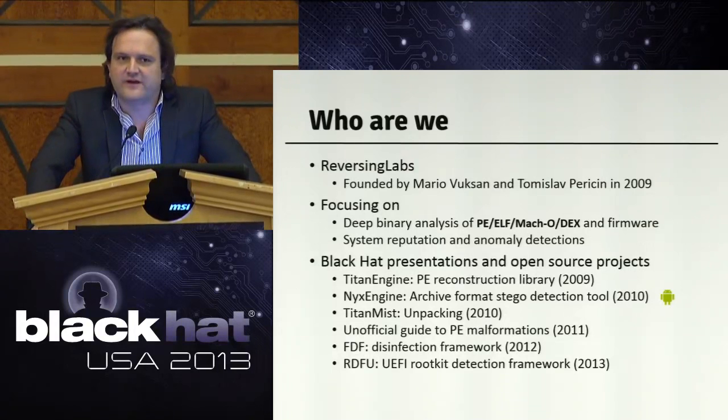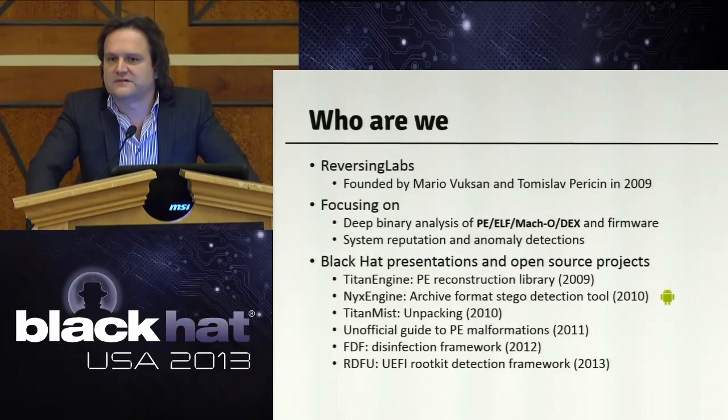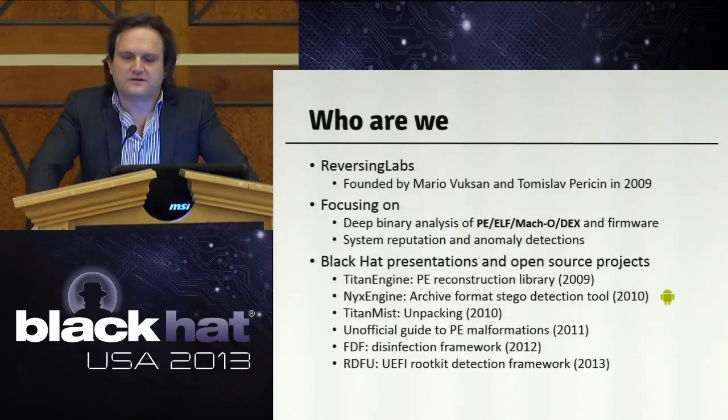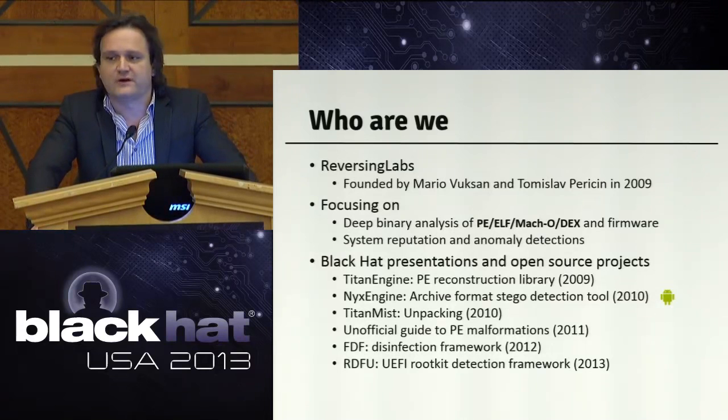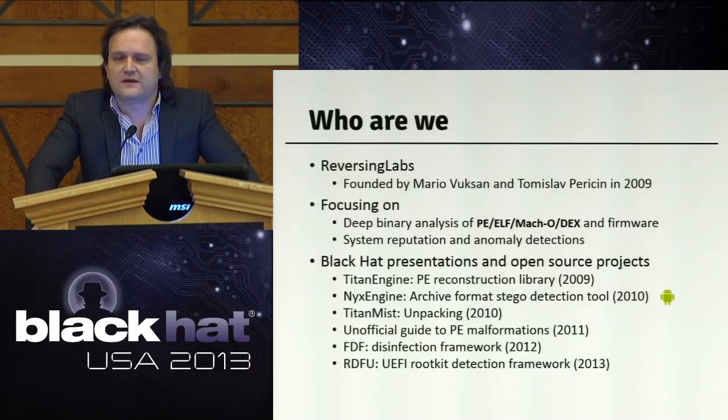We realized that we had a tool to detect these stego hiding artifacts inside of Android APKs, and we believe this is a really interesting area to go back to and see how archive formats can be misused in an executable environment.